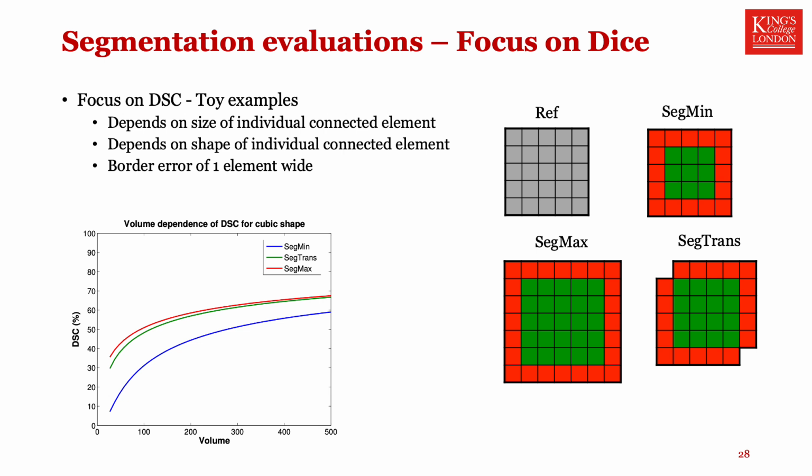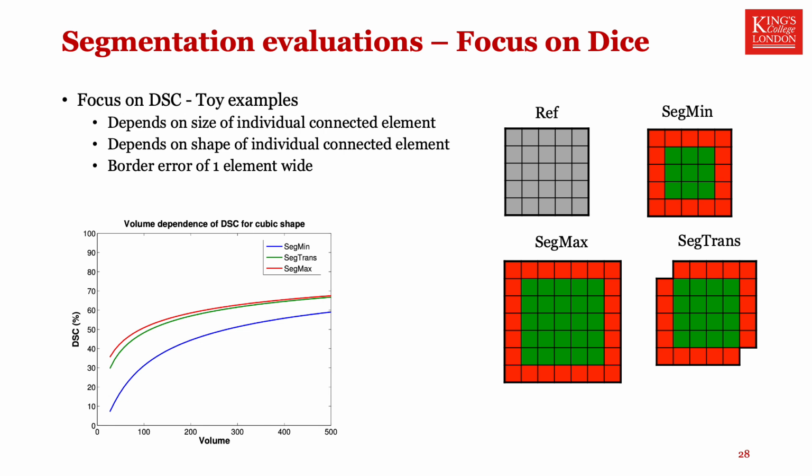Imagine you have a cubic shape, a simpler one to model, and the volume changes, and we do this segmin segmax comparison, and you see that for the ones that are very small, the difference is massive, and the under-segmentation will always get smaller dices.